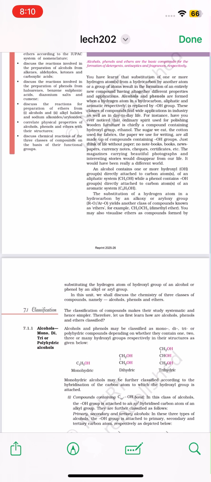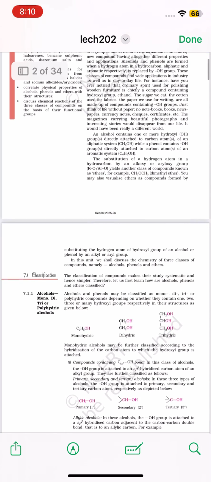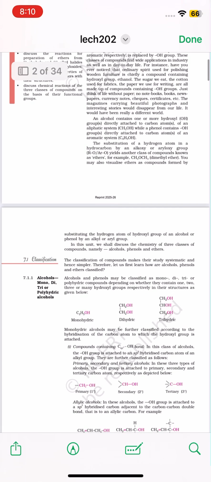An alcohol contains one or more hydroxyl groups directly attached to carbon atoms of an aliphatic system, CH3OH, while phenol contains OH groups directly attached to a carbon atom of an aromatic system, C6H5OH. The substitution of a hydrogen atom in a hydrocarbon by an alkoxy or aryloxy group yields another class of compounds known as ethers.